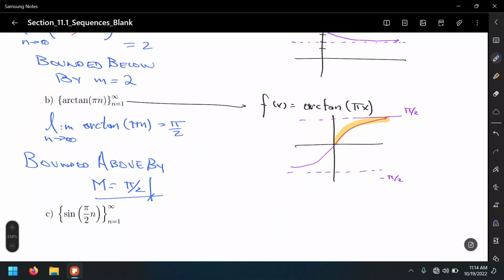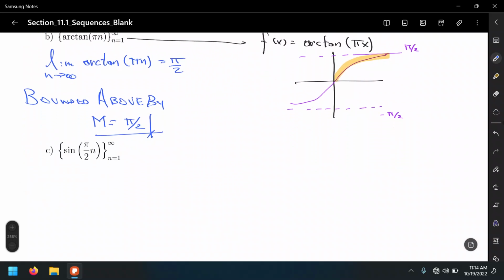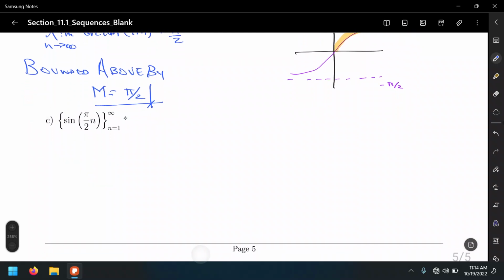Let's look at one more example. Letter C. What about the sequence sine of pi over 2 n? All right. Well, how does that sequence behave? How about we expand some of the terms of the sequence? For n equals 1, that's 1 times pi over 2.